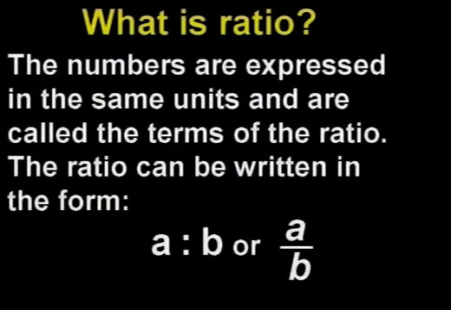The numbers are expressed in the same units and are called the terms of the ratio. The ratio can be written in the form of A is to B, that colon that is being shown can be termed as this, is to. Or it can be written as a fraction, A over B. Compare also comes in there, quantities and also amounts.